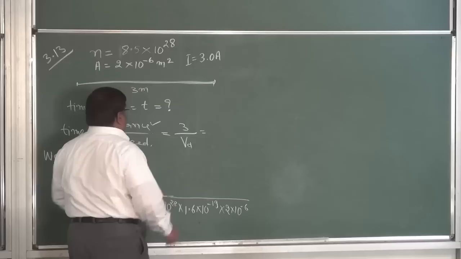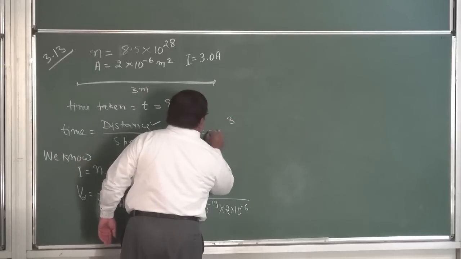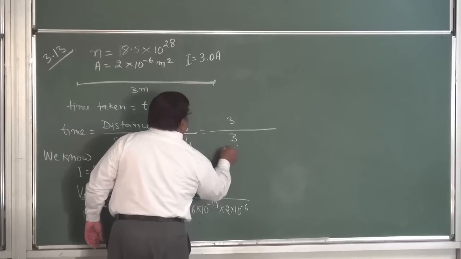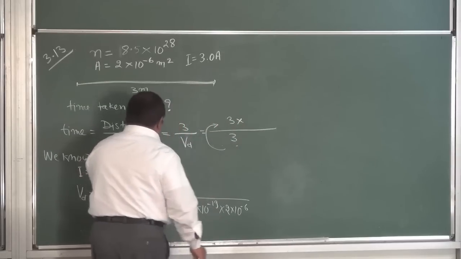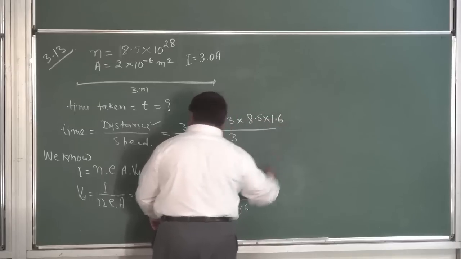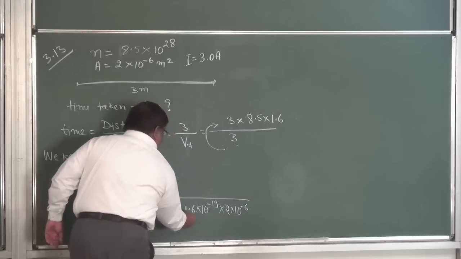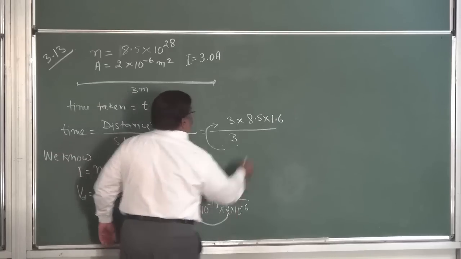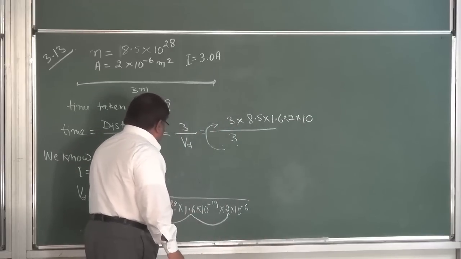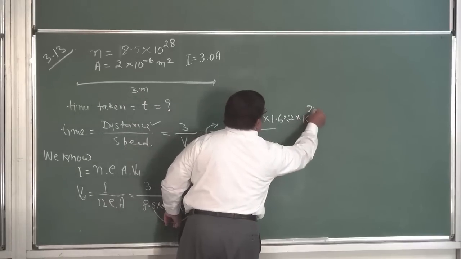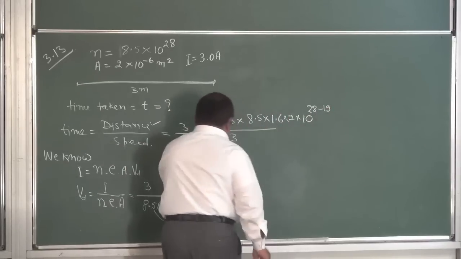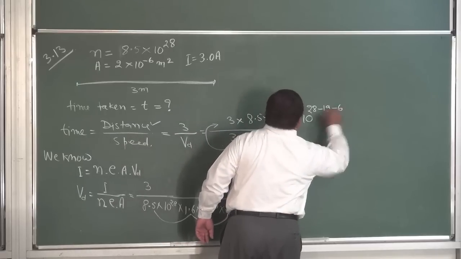So drift velocity is 3 upon this, and the denominator comes to be 8.5 into 1.6 into 2 into 10 to the power 28 minus 19 minus 6.